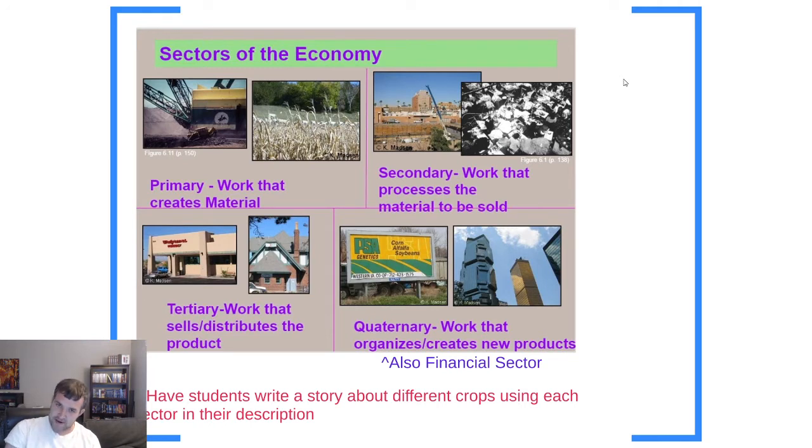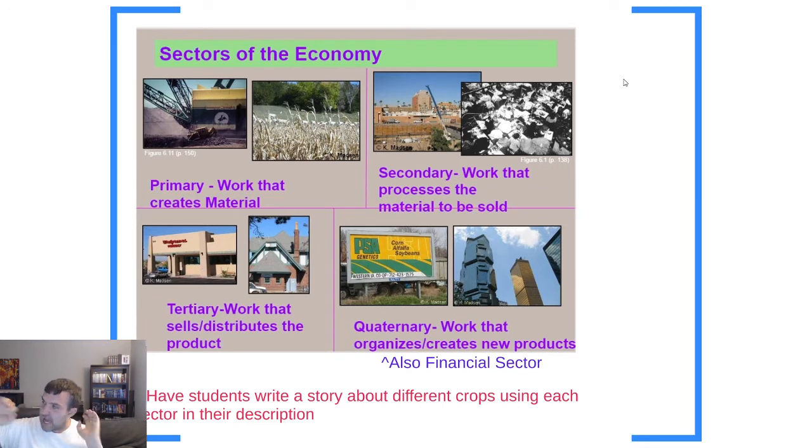The primary sector is anything where you get material out of the ground. You're getting the stuff you need to make other stuff. That is the primary sector. These are the farmers. These are the people who mine oil and iron and ore.